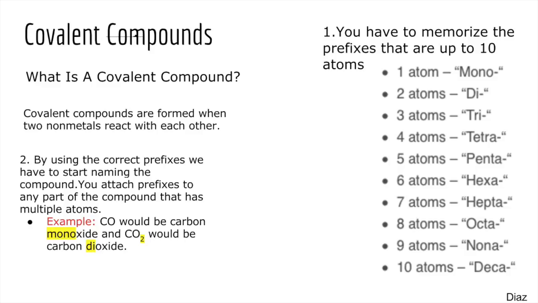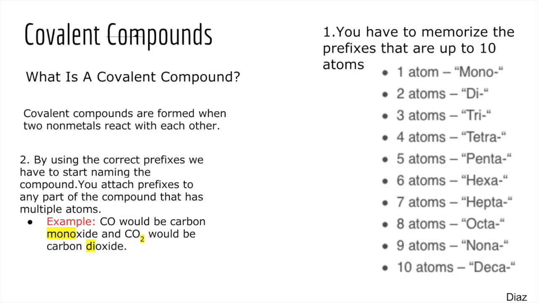What is a covalent compound? A covalent compound is formed when two nonmetals react with each other. First, you have to memorize the prefixes up to 10 atoms. Second, by using the correct prefixes, we start naming the compound. You attach prefixes to any part of the compound that has multiple atoms.